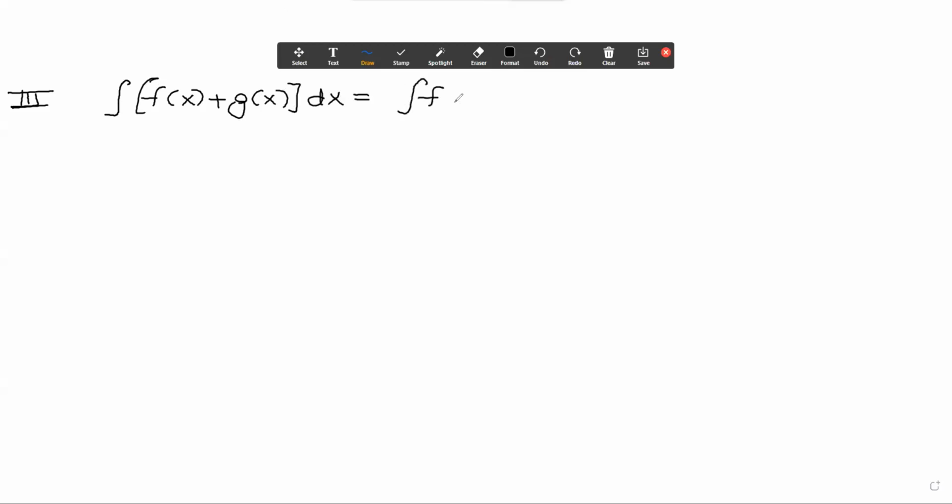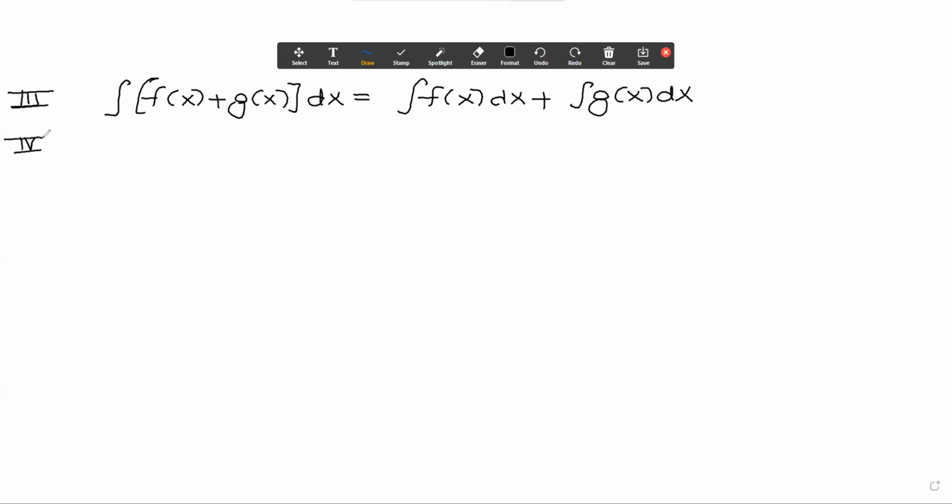Moving on to the third property, integral of f of x plus g of x dx is equal to integral f of x dx plus integral g of x dx. That means integral of the sum is the sum of integrals.